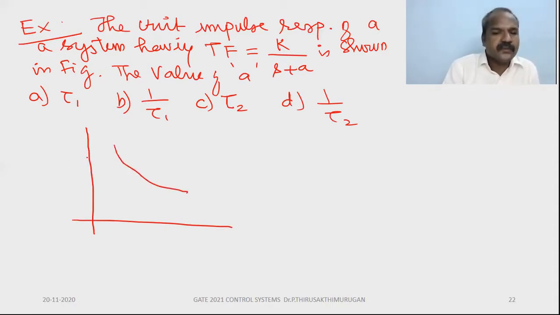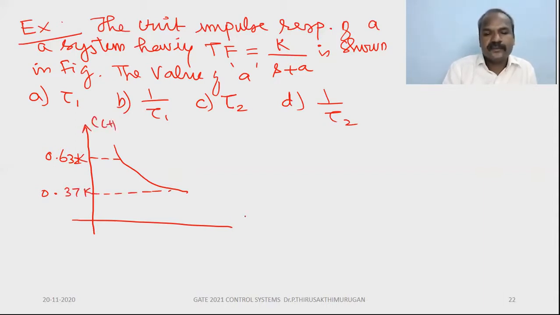Here is 0.632 times k, and one more value is 0.37 k. This is c of t, this is t, and two time constants are given: tau 1 and tau 2.